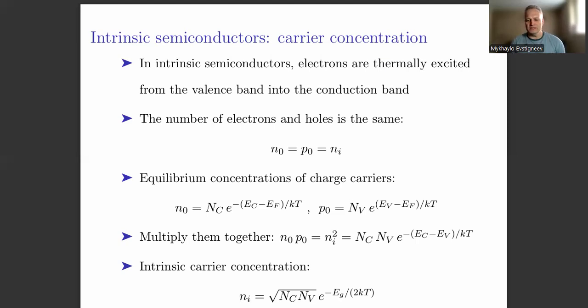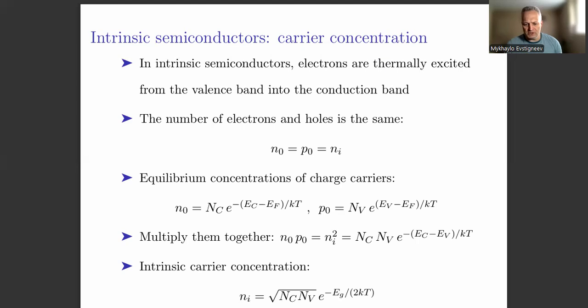In order to see how this is done, notice that the intrinsic concentration is a product of two terms. The first term is the geometric average of the effective densities of states, N_C and N_V square rooted. The effective density of states depends on temperature as temperature to the power 3/2. The product N_C N_V is proportional to temperature cubed. The square root of this product is proportional again to the temperature to the power 3/2.